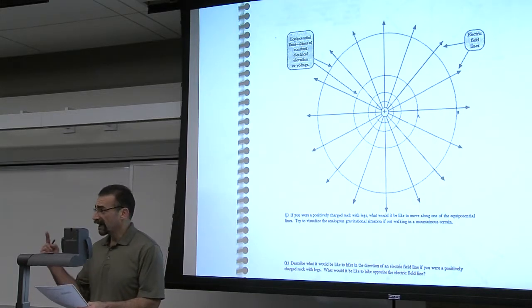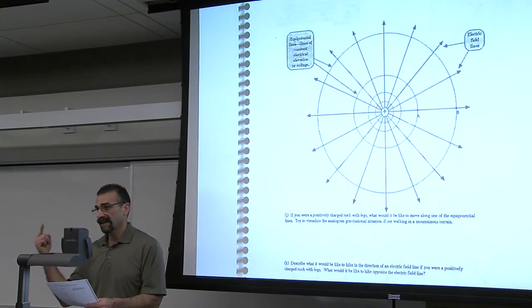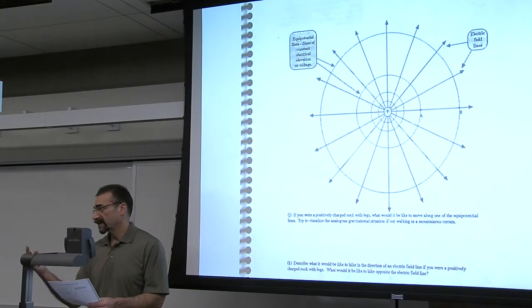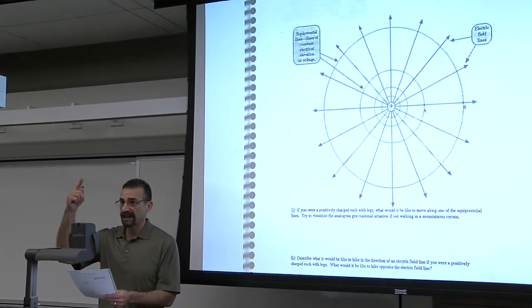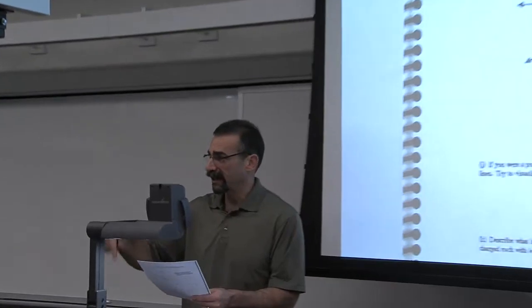So if you were walking around the mountaintop at a constant elevation, that's what it's like here, right? If you try to go up the hill, it's going to be hard. If you try to go down the hill, well, that's going to be easy, right? But either way, work is being done. But if you stay at the same elevation, no work is done. So that's what's happening here.